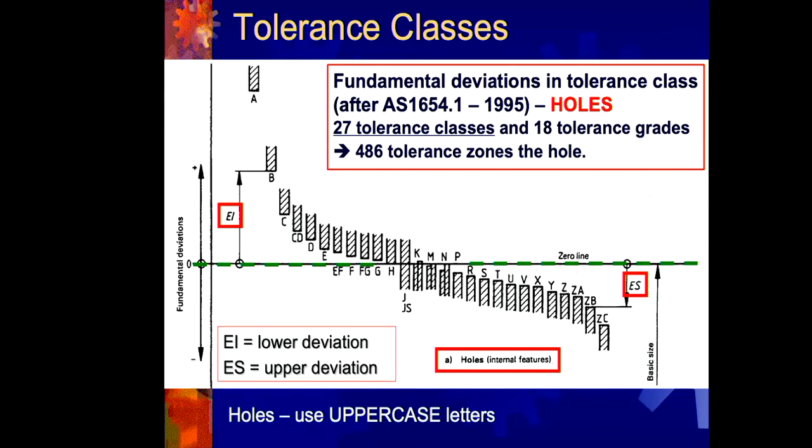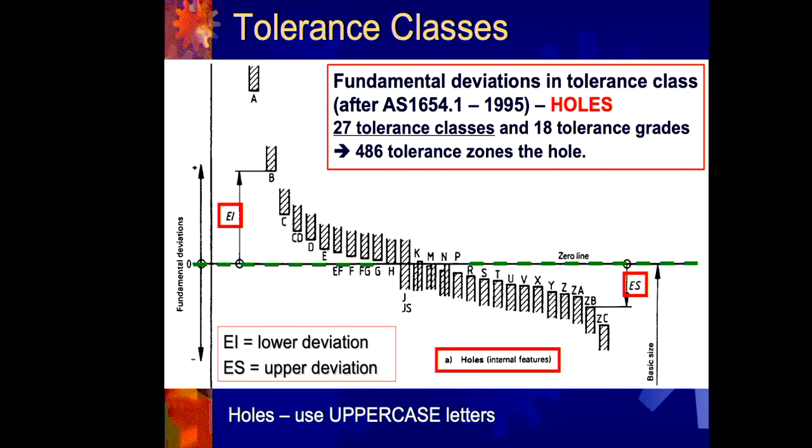I talked about M before, M for Margaret. M for Margaret sits just there in a whole basis set of tolerance classes. Now, all these cross-hatched rectangles are giving us a sense of how far away from our base size we are. Before I was saying 25 millimetres, so this could be 25 millimetres base, and then if we have an M for Margaret as our next character, that gives us a sense of being here.